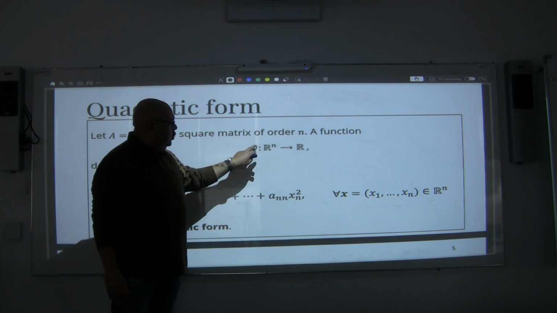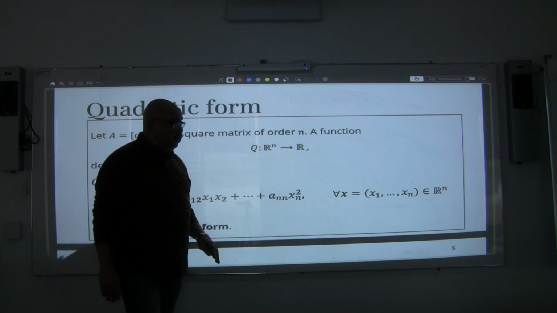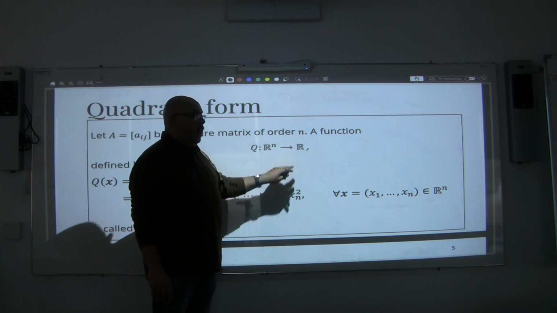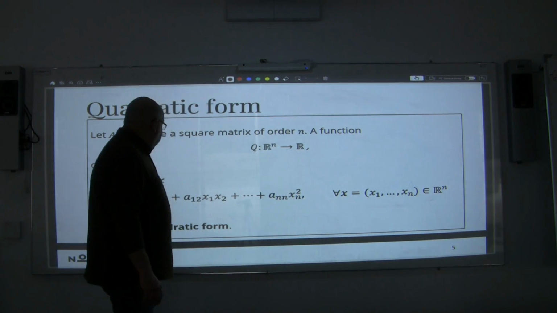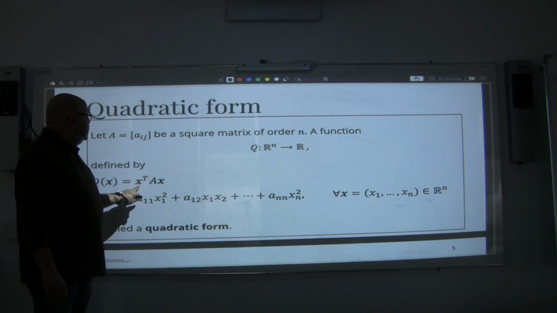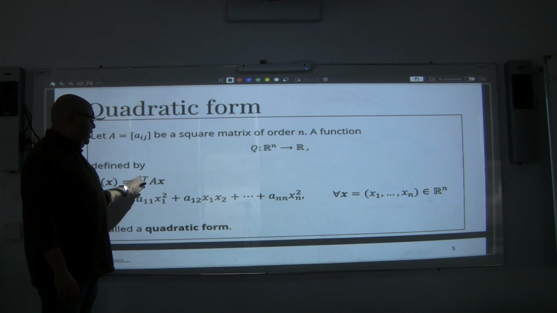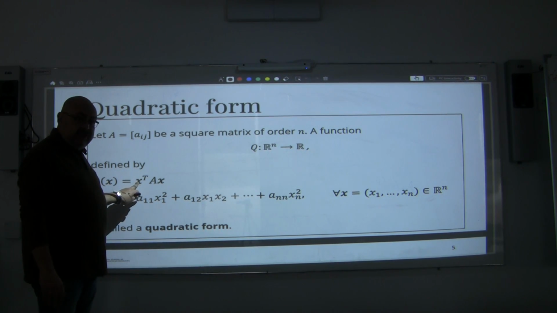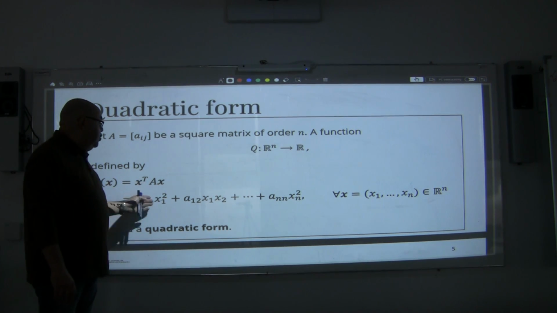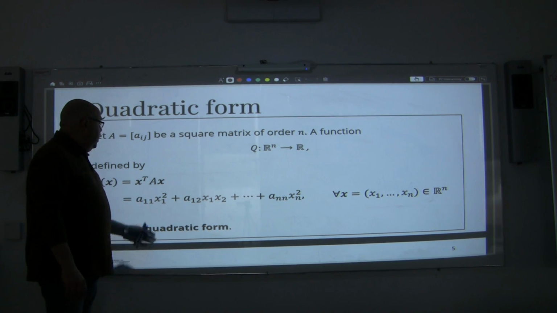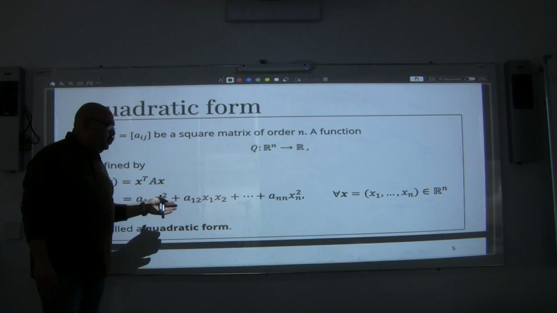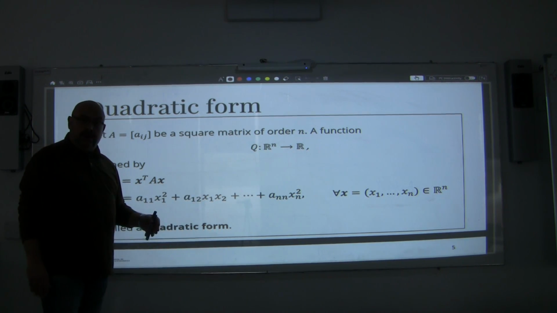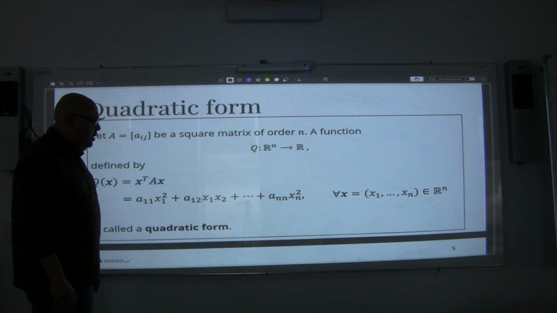The function Q is a transformation from Rn into R. I take the coordinates from Rn and have the image in R of this form: a multiplication of matrices, x transpose, which is a row matrix, times A, the matrix with the coefficients of this quadratic form, times X, which is a column matrix containing the variables, either x1, x2, x3, up to xn, or x, y, z if you are talking about 3-space.